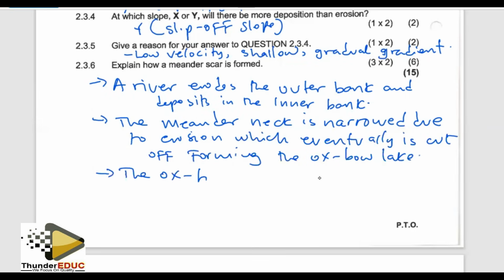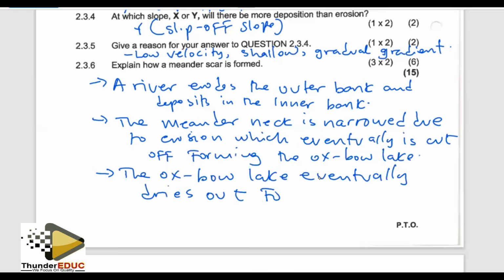The Oxbow Lake eventually dries out, forming a meander scar.